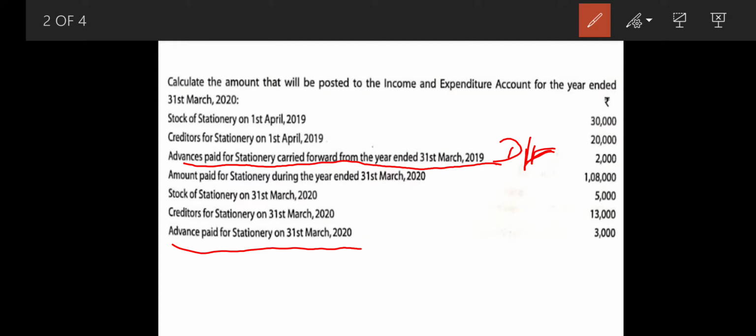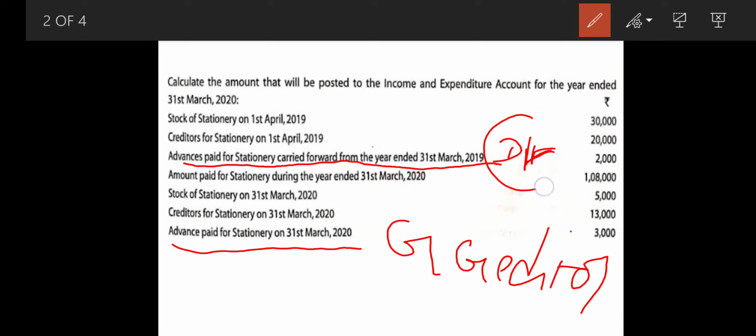So when you are paying advance for stationery, it will have a credit balance in the creditors. So the opening advance will be having a debit balance in creditors and this will be having a credit balance in the creditors.